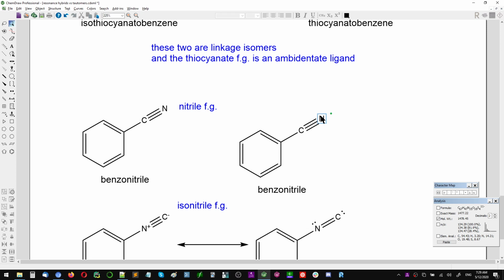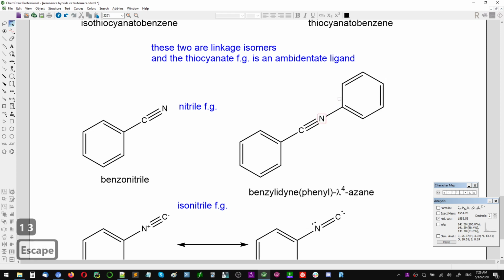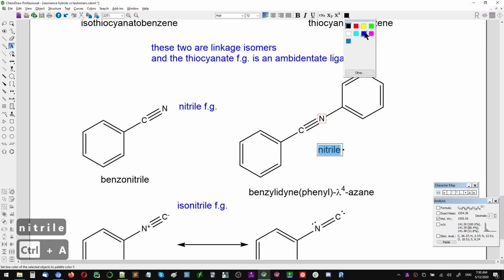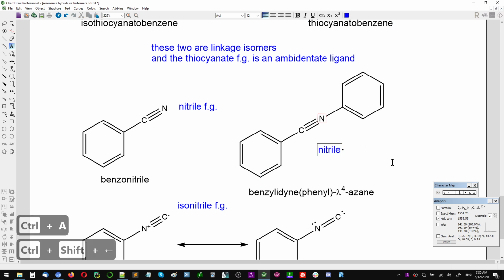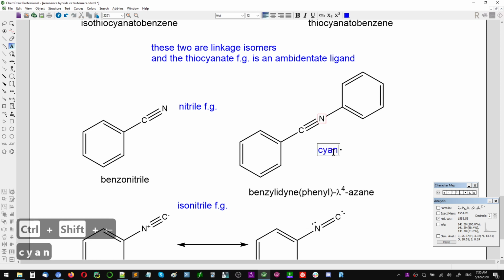So if we had it like this, it would be the nitrile functional group acting as a bridging ligand. Let's call it cyanide.